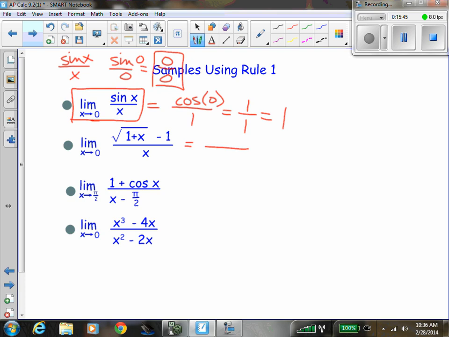What's the derivative of the top? All right, 1 over 2 times the square root of 1 plus x. Now, if you weren't thinking real clear about this, remember the original right here is this.